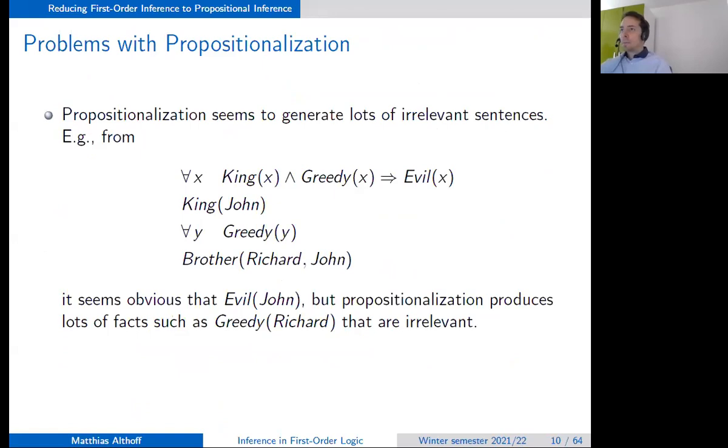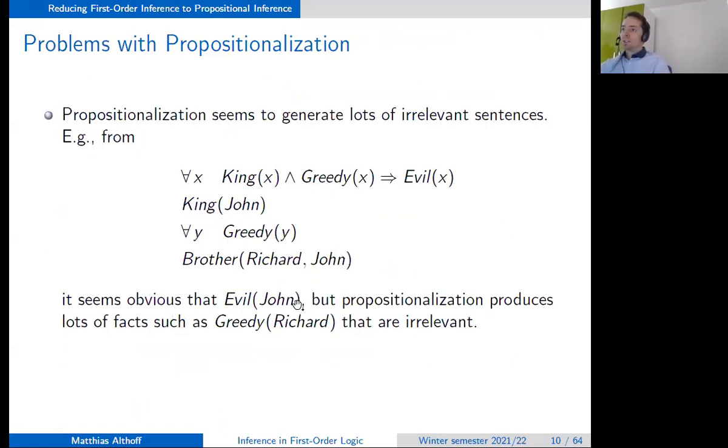Okay. So besides this theoretical problem, there are some additional issues, of course. As I mentioned, you might have to create a lot of sentences. So let's look at this database here, where for all X, King X and greedy X implies evil X. John is a king, and everything is greedy, and Richard is the brother of John.